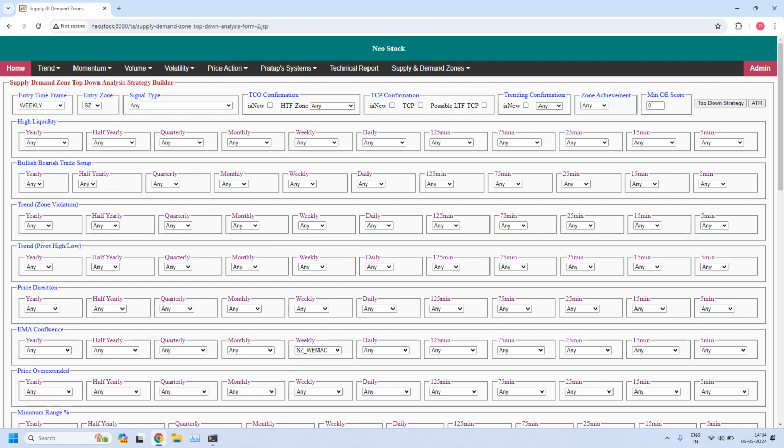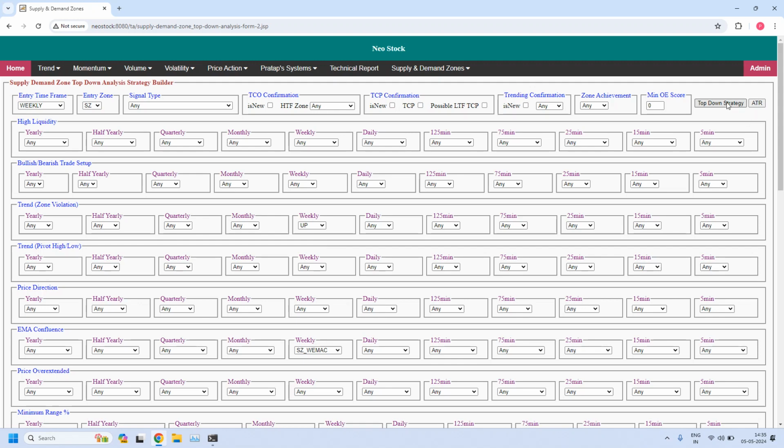And the trend, the zone violation trend, the weekly trend should be downtrend. We want those stocks. If the list is big, then we will look for even the pivot high-low. If the list is small, let us limit to our supply demand zone concepts only.